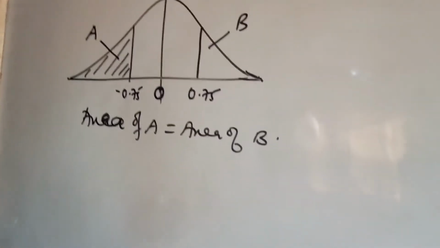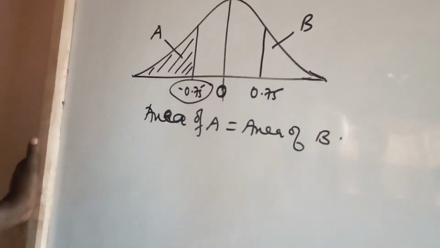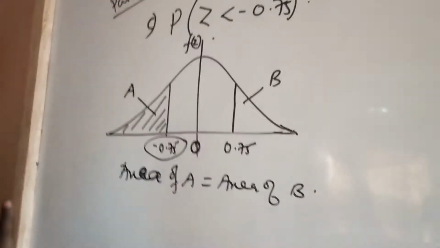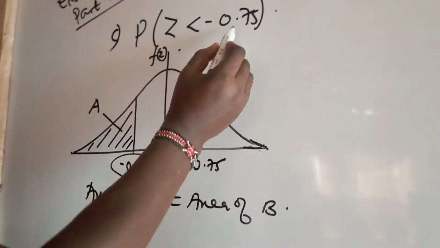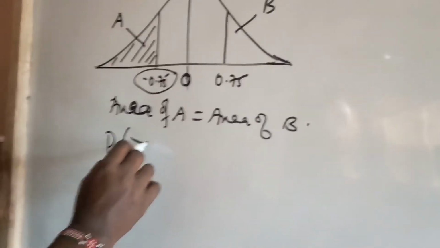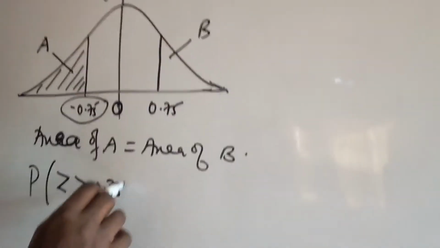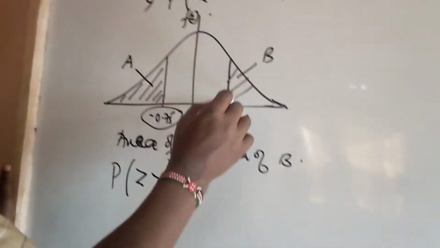So area of A is equal to area of B by symmetry. The reason why we have done that is to avoid working entirely with negative numbers. But now our arrangement changes. Instead of now solving this kind of a problem, we are having the probability of Z being greater than 0.75, because you can see now we need that region.